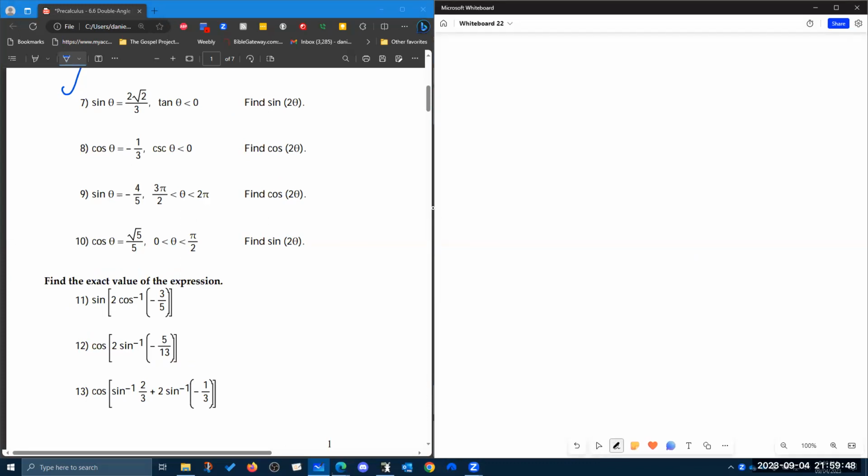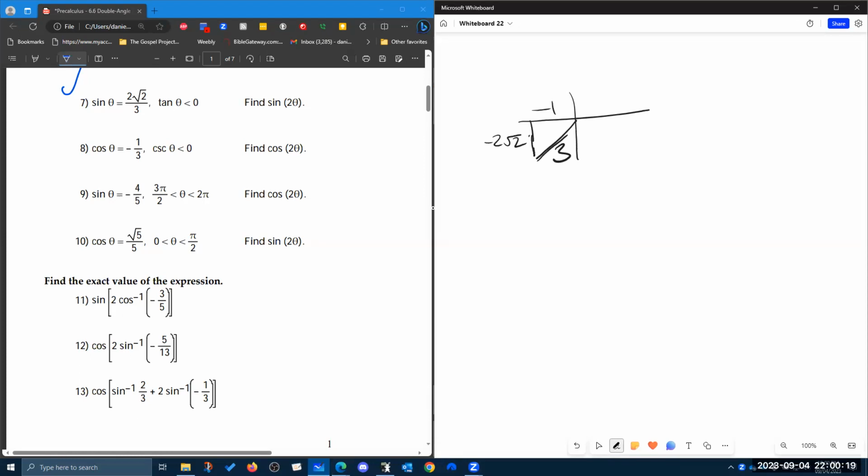Number 8: cosine's negative, sine is negative. We're in quadrant 3. And cosine is negative 1/3. This is negative root 2. This is negative 2 root 2. There we go. 8 plus 1 is 9.